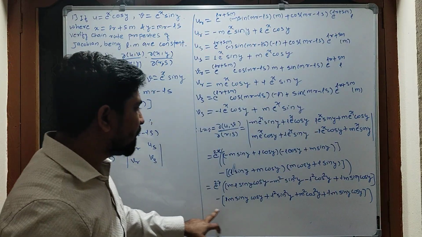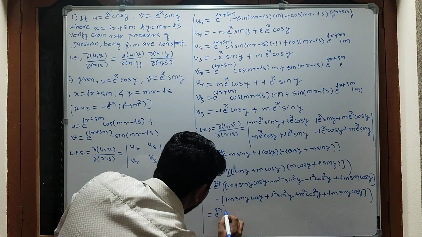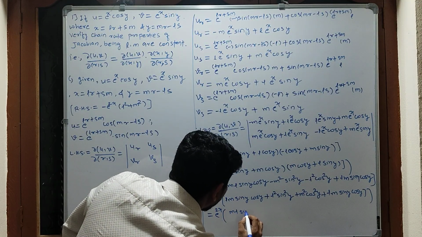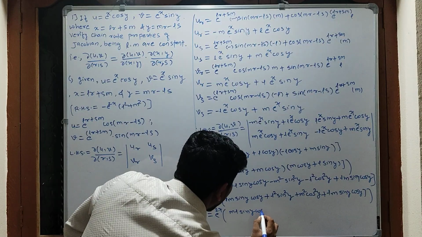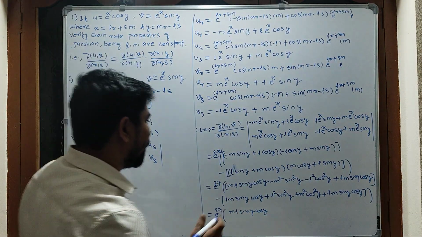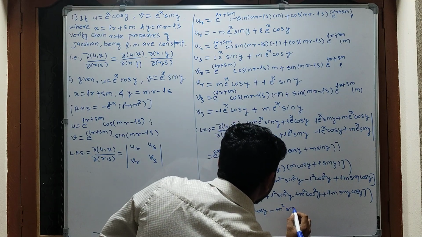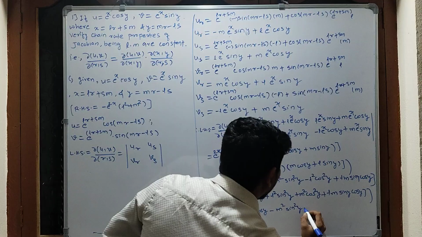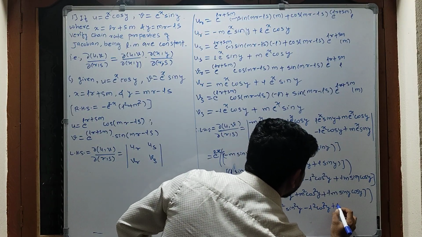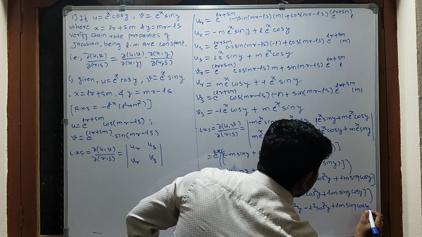Now multiply the minus sign through this bracket, which equals e to the power 2x times the big bracket: m l sin y cos y minus m square sin square y minus l square cos square y plus l m sin y cos y.